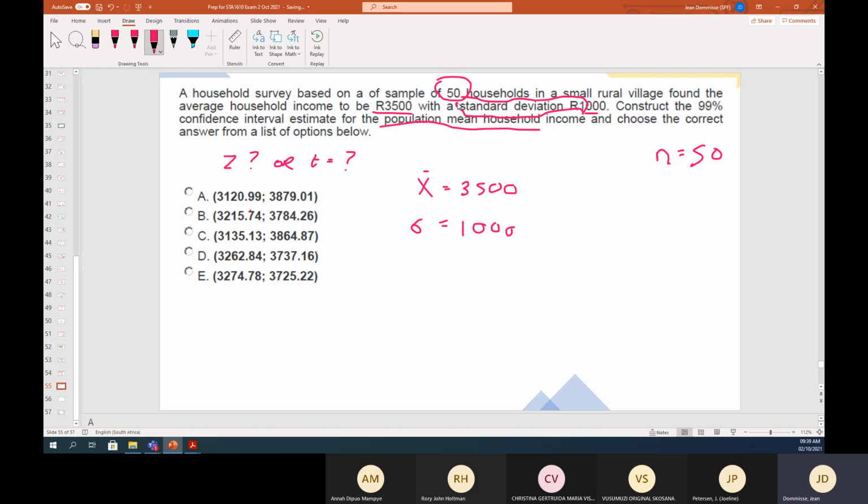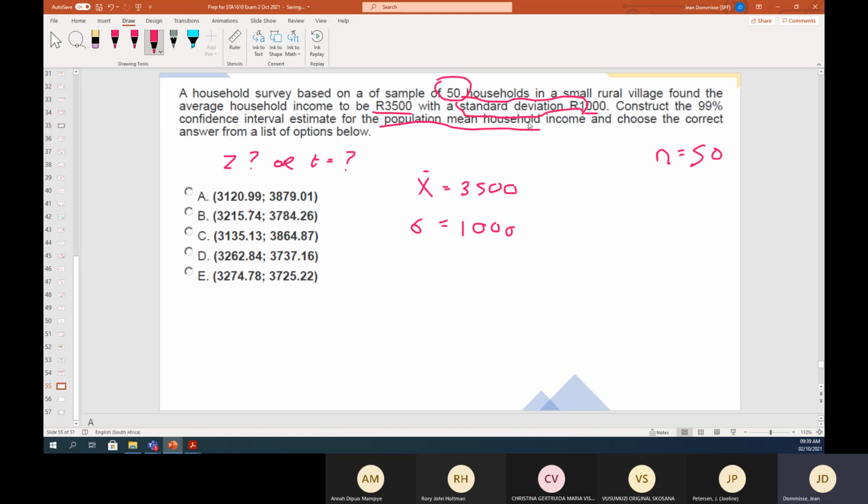Or what we also can use is the words that we used in study unit 6 to say approximately normally distributed.